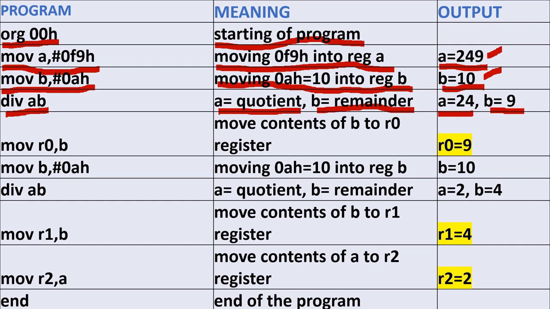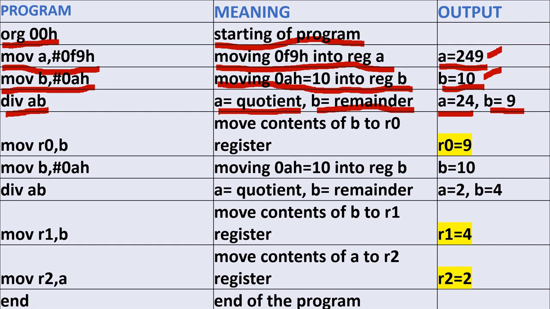This is my first quotient and remainder that I have mentioned here. So when I execute this code, in register A after division, I will get the hexadecimal equivalent of 24 and in B the hexadecimal equivalent of 9.